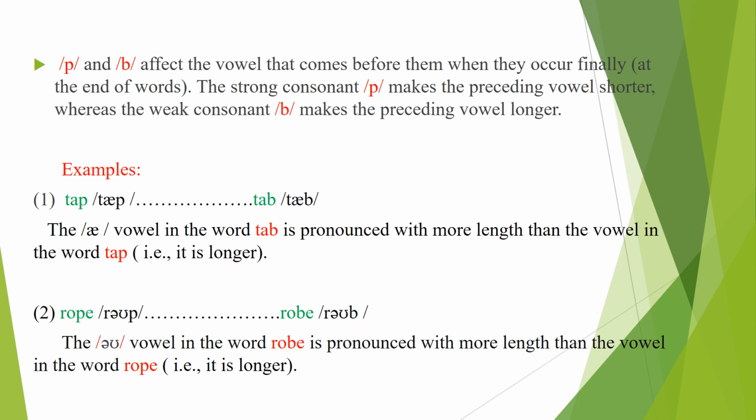The a vowel in the word tab is pronounced with more length than the vowel in the word tap, i.e., it is longer. In the second example, rope and robe. The o vowel in the word robe is pronounced with more length than the vowel in the word rope.